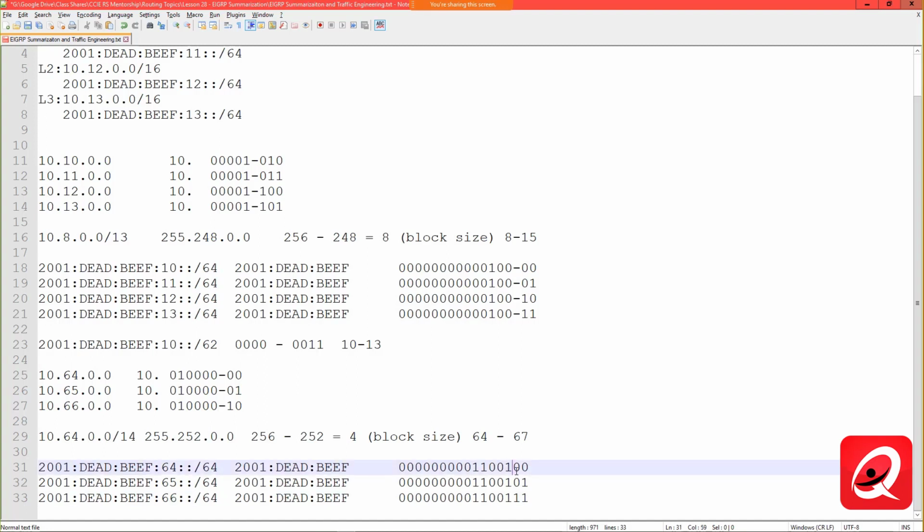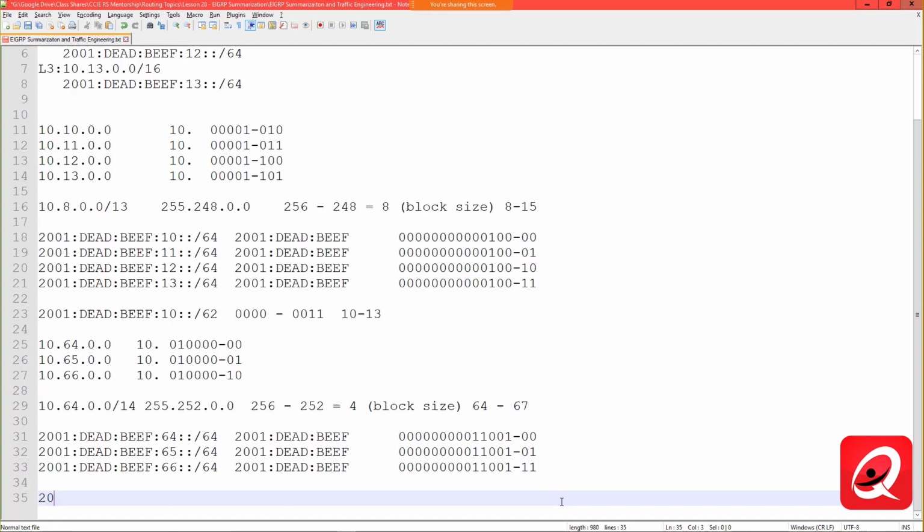So my summarization boundary in this case is here, which means that my summary is 2001 dead beef. And we're going to start with obviously a 6. And this is a 4.